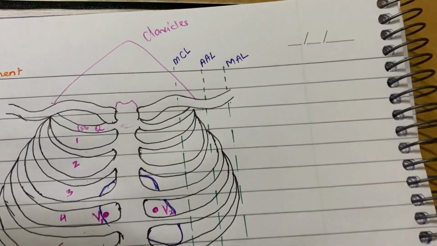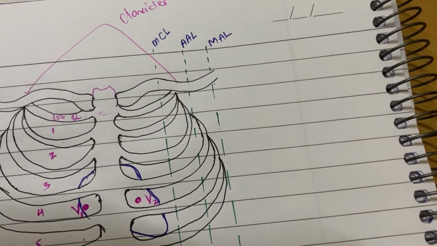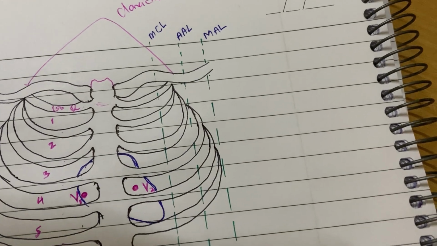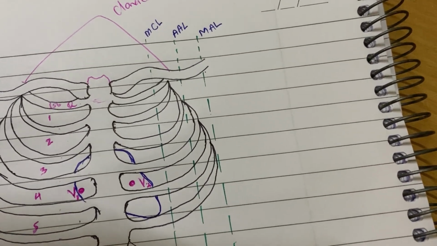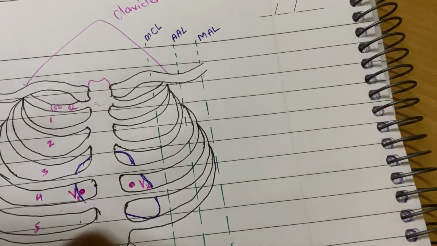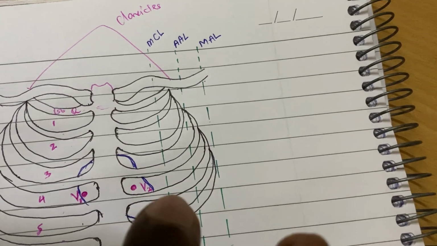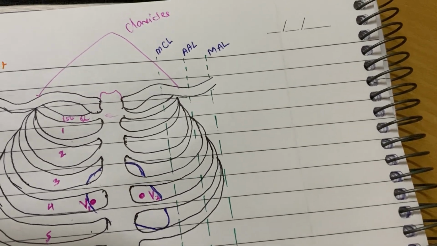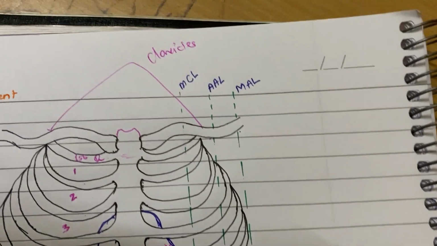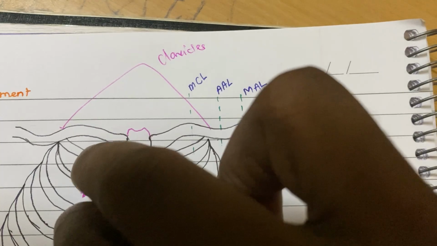When you're placing these leads or electrodes on the chest wall of the patient, you have to find these landmarks. You have to count the intercostal spaces. You have to locate the angle of Louis, which is at the junction where the first rib joins the sternum. Then below it we shall have the first intercostal space. Then you start from the angle of Louis and move with the fingers.